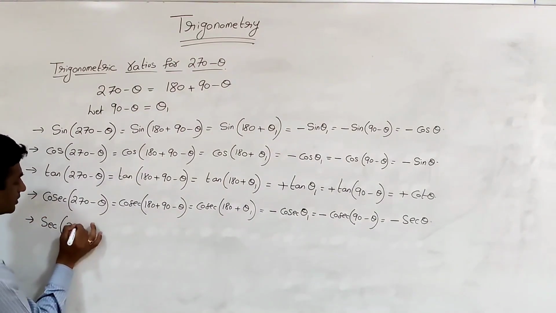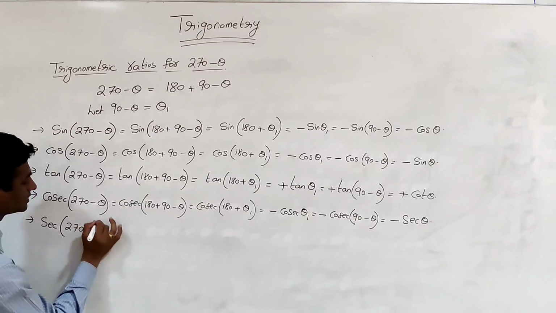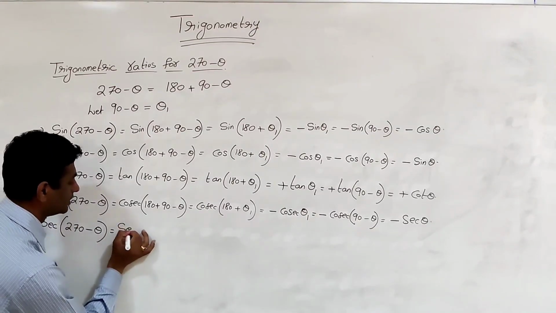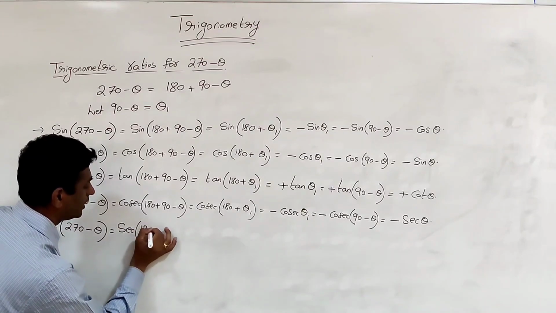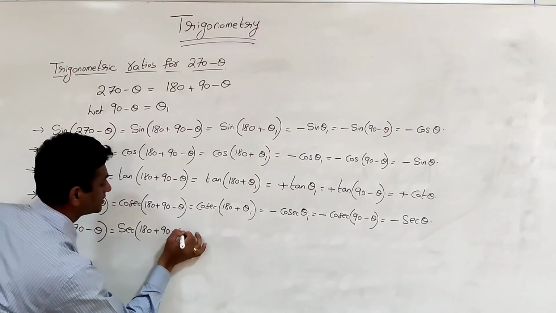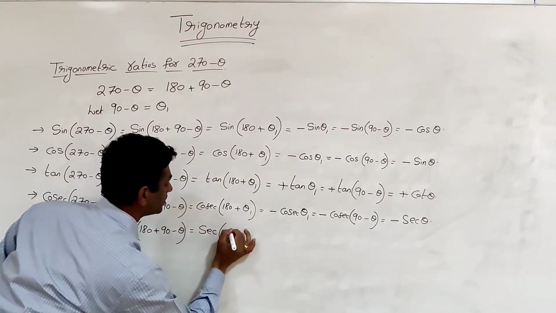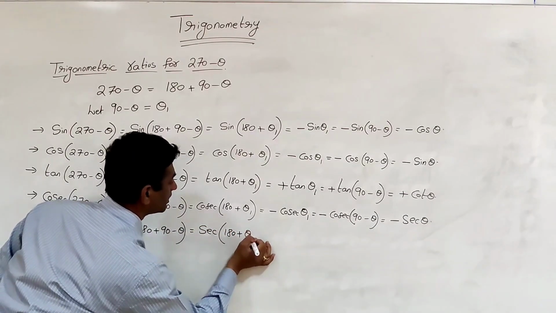Secant of 270 minus theta. So it will be secant of 180 plus 90 minus theta. That will be secant of 180 plus theta 1.